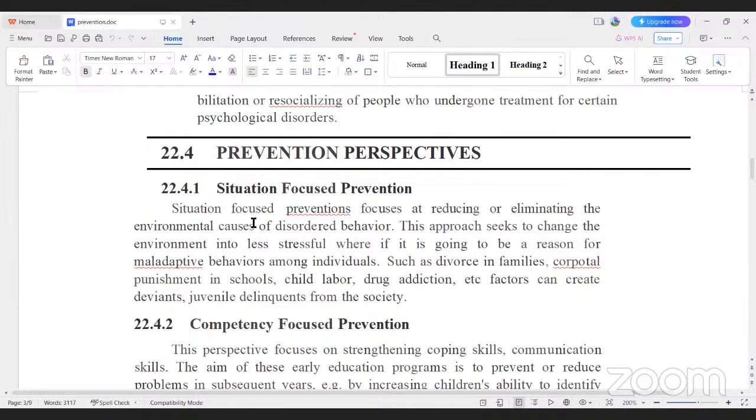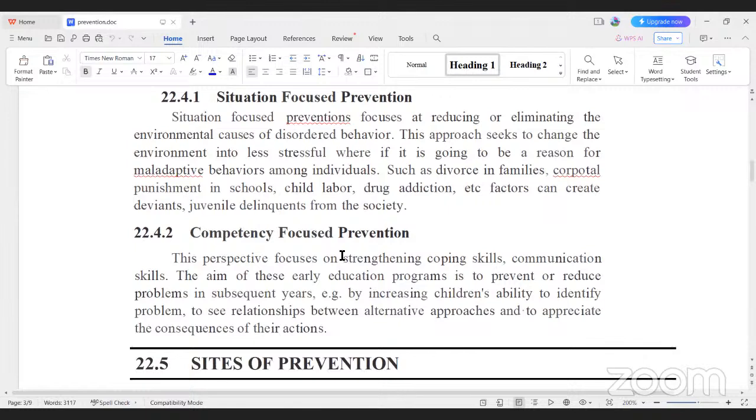So these are situation-focused, and by improving the competency of the people, competency-focused prevention. This perspective focuses on strengthening coping skills. See, if we don't have some coping skills, everything will become a problem. Unconsciously, day to day, we are using a lot of coping methods.